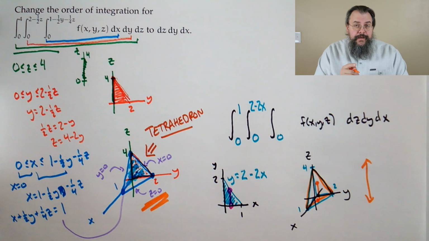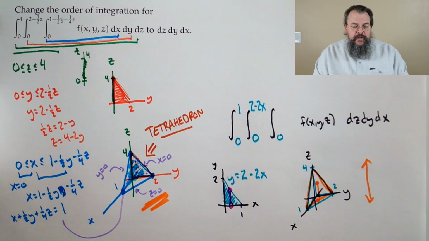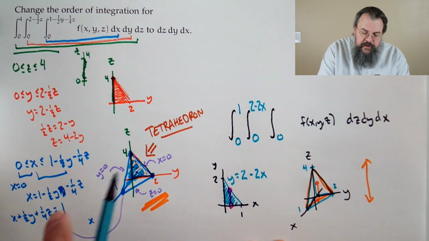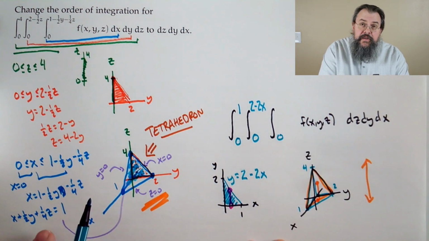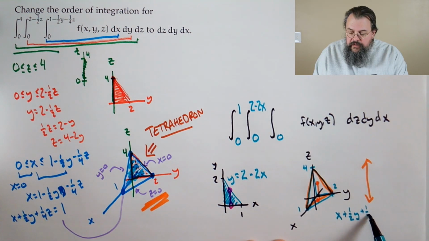That's the plane. But not just any plane, this particular plane. We don't just write down this plane, because we need to have it as a z-bound, so we need to have z equals. So our top surface is x plus a half y plus a fourth z equals 1.